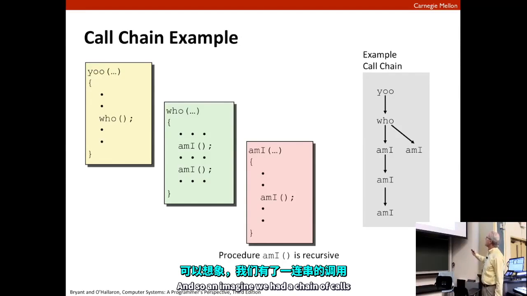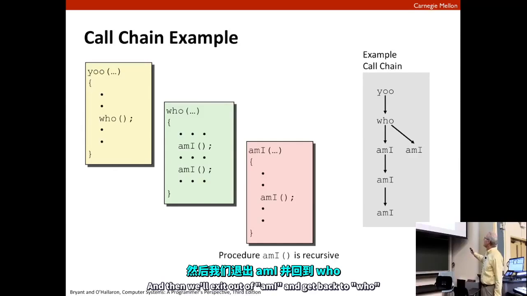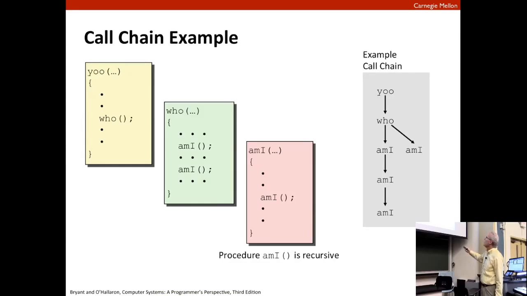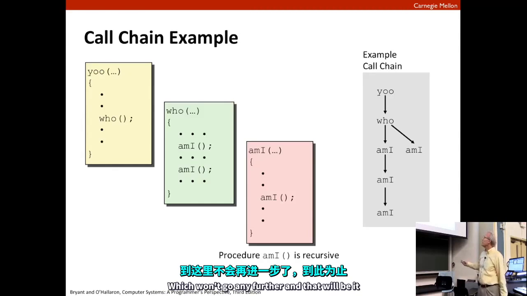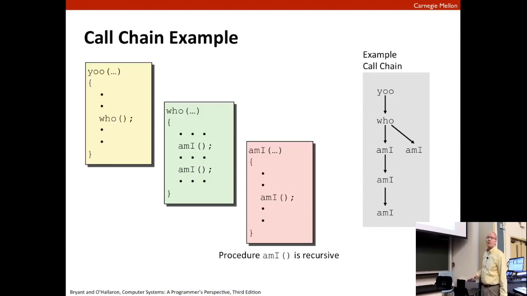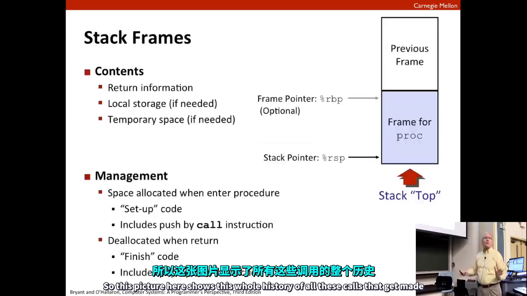Imagine we had a chain of calls where u calls who, which calls mi, which calls itself recursively twice, and then we exit out of mi and get back to who, and then who will hit its second call to mi, which won't go any further, and that will be it. So this picture here shows this whole history of all these calls that get made.